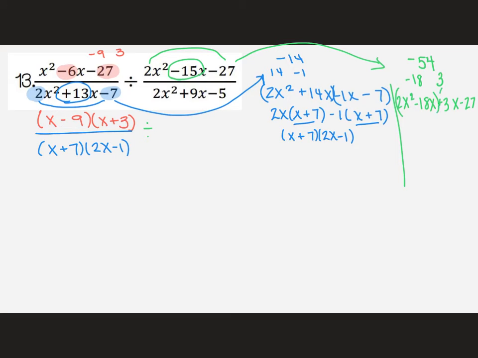I'm going to group, so I can factor out a 2x from the first group. I can factor out a 3 from the second group. I can factor out the matching x minus 9. And then I can rewrite over here.